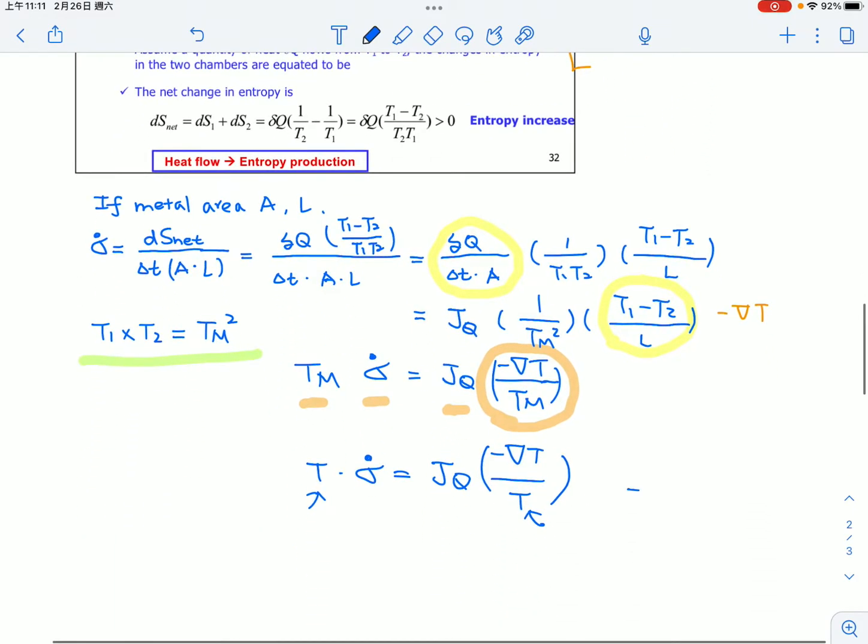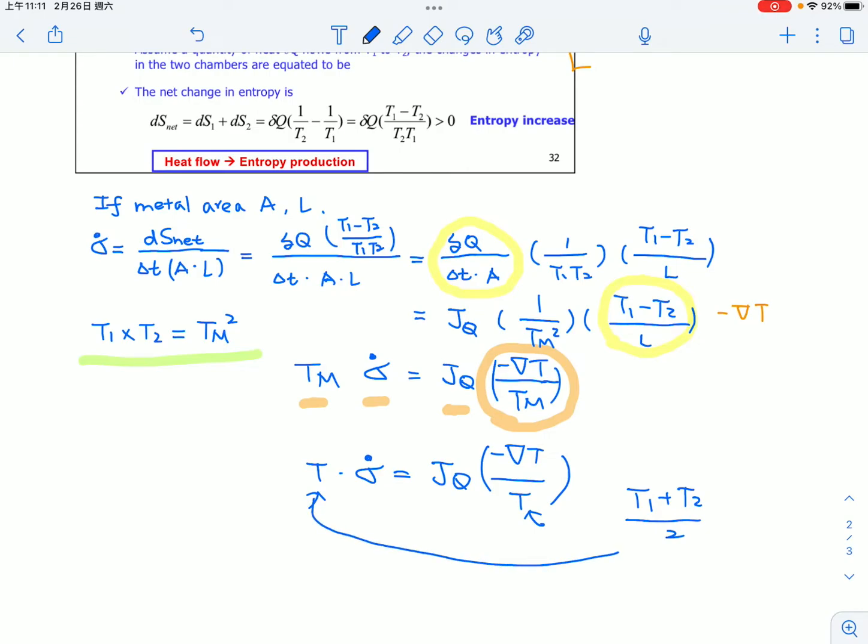So I would say the average of T1 and T2 will be suitable to describe T here. But if the question provides extra information or a relationship between T1 and T2, or the final temperature or average temperature of the system, then that depends on the question. But if there's no extra information, just average T1 and T2, then you can substitute this T. Okay.